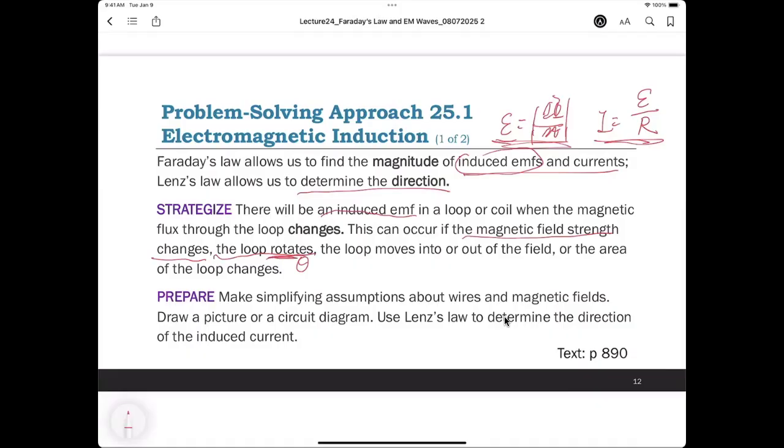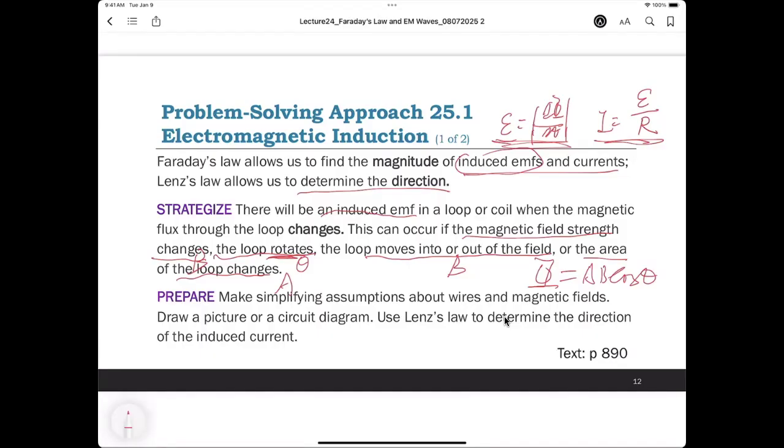This one is angle theta change, and this is B change. Or the loop moves in or out of the field, which is similar to the B change. Or the area of the loop changes, which means the area A changes, because the magnetic flux equals A B cosine theta, just like we talked about.